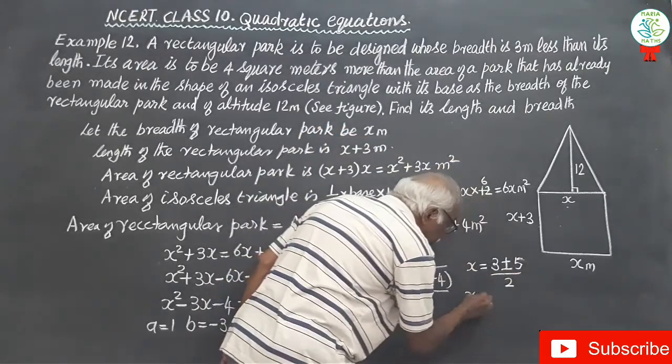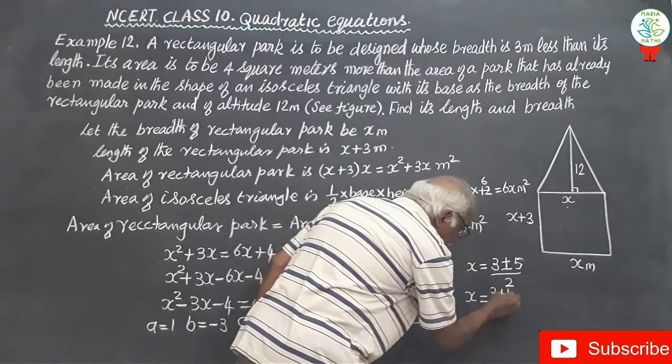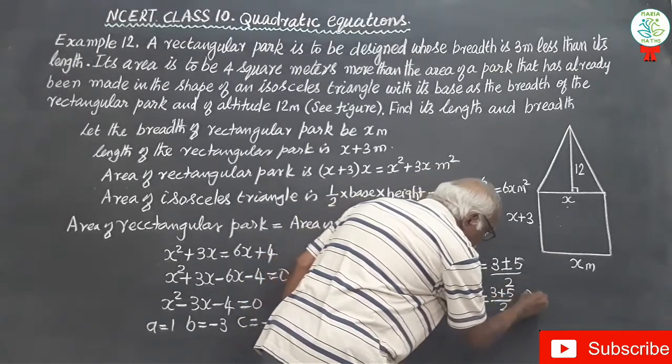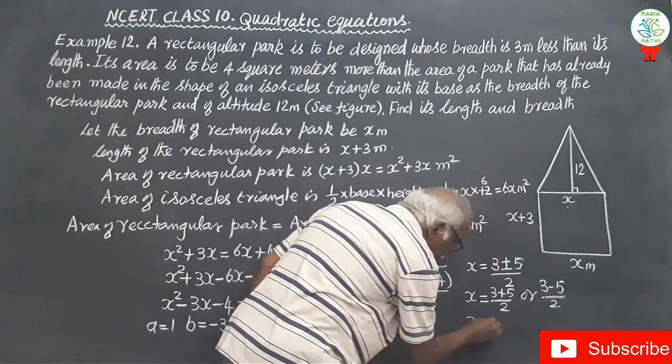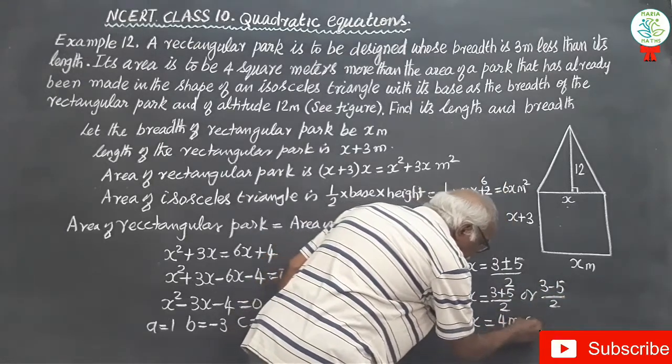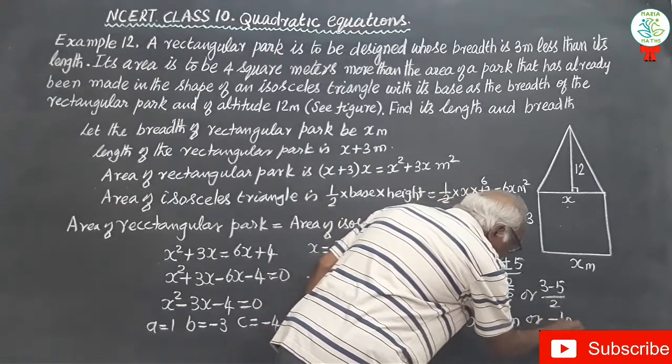Therefore x is equal to 3 plus 5 by 2 or 3 minus 5 by 2, so x is equal to 4 meter or minus 1 meter.